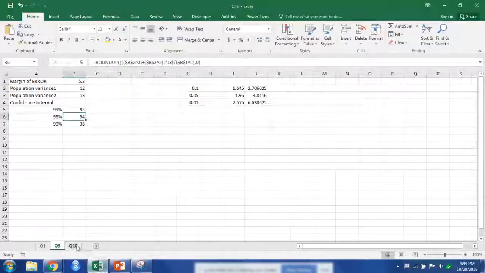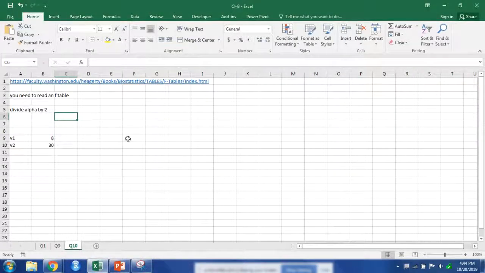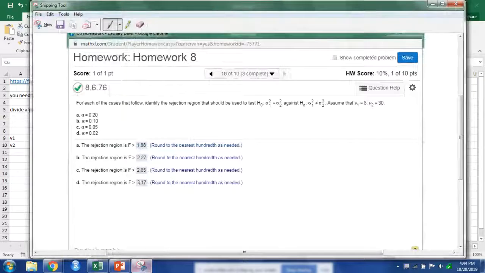However, if we come to your question 10, I suggest you use this F table to assist. The particular question that I had was this one. For each of these cases that follow, identify the rejection region that should be used to test whether these variances are equal or not.